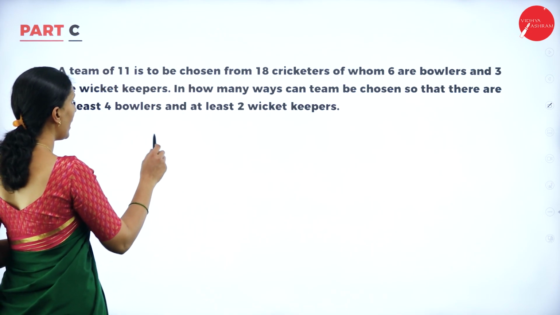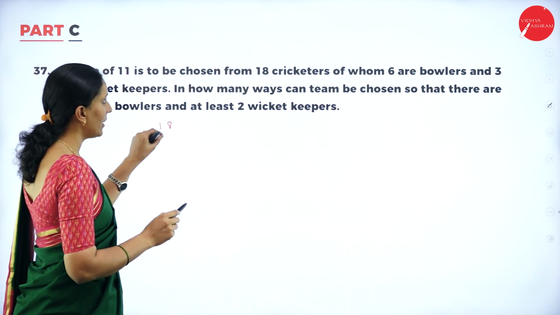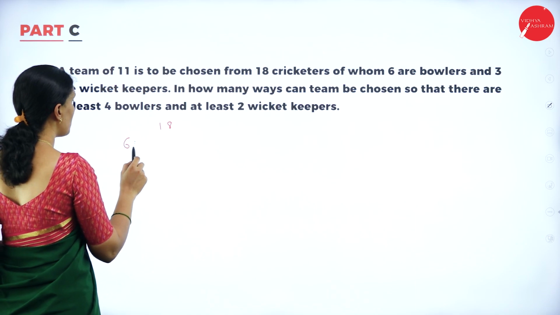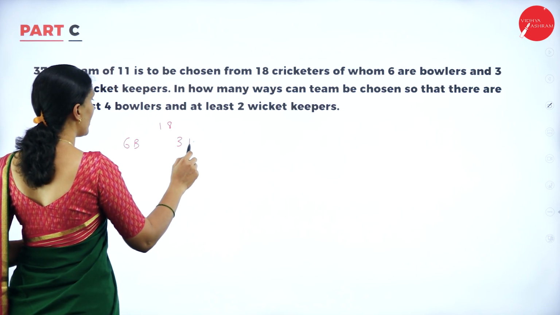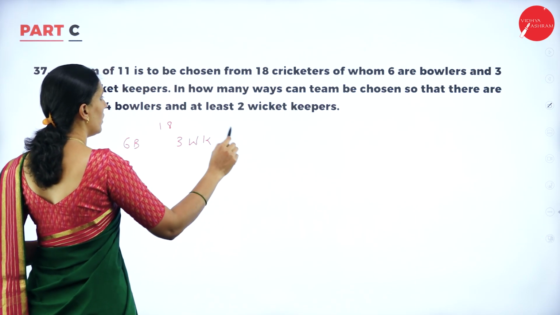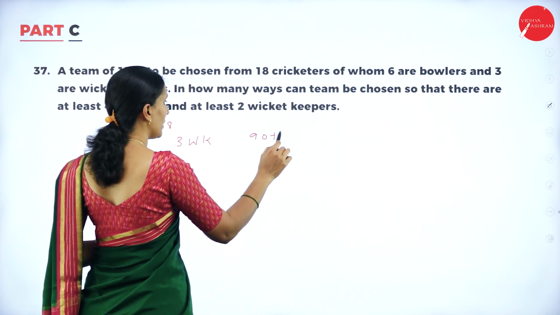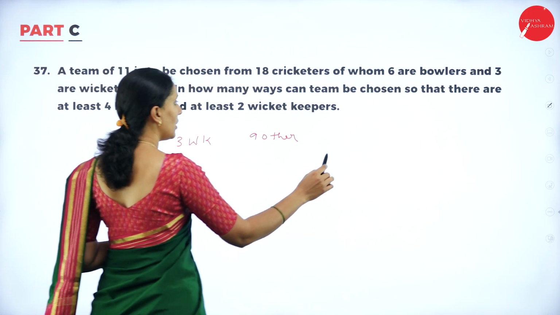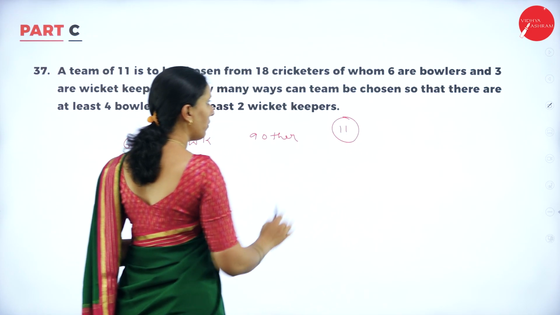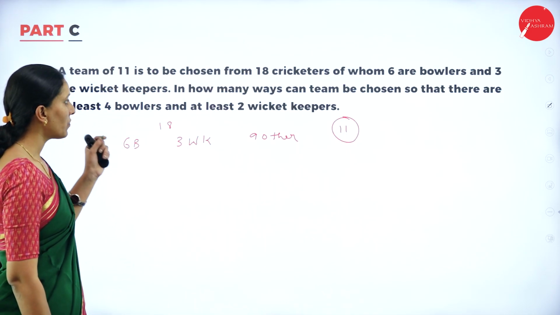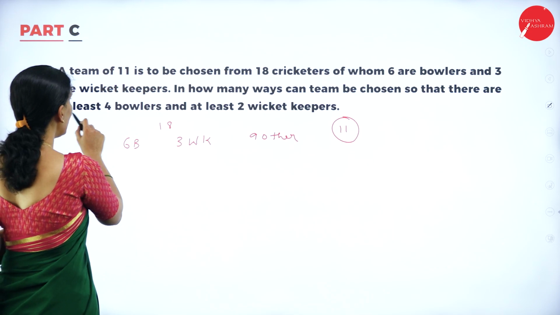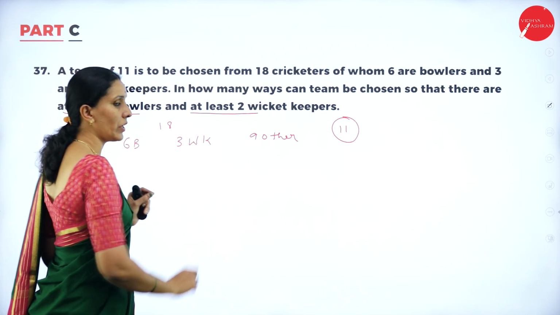So here we have 18 cricketers, among them we have 6 bowlers and 3 wicket keepers. So 9 will be the other players. So among them we need to form a cricket team of 11. So in what ways can we choose so that there are at least 4 bowlers and at least 2 wicket keepers?